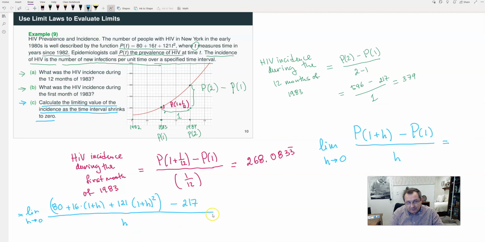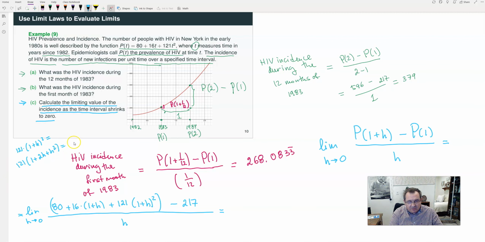Denominator is h. Very well. So we try to simplify the expression a little bit. Let me put it on the side because there's a lot of stuff written here. I want to simplify my life a little bit. So I'll put 121 multiplied by 1 plus h squared, so let me keep 121. 1 plus h squared is equal to 1 plus 2h plus h squared.